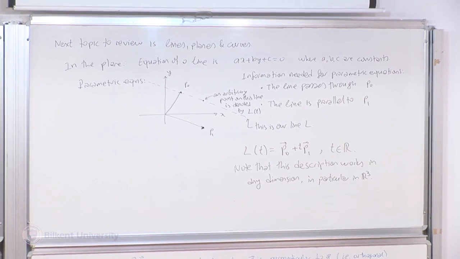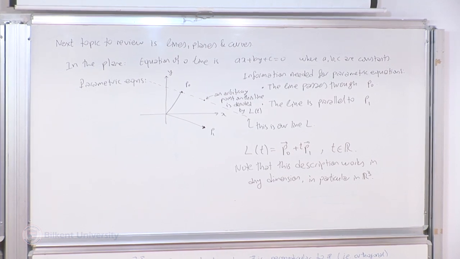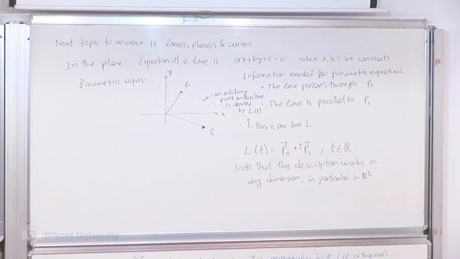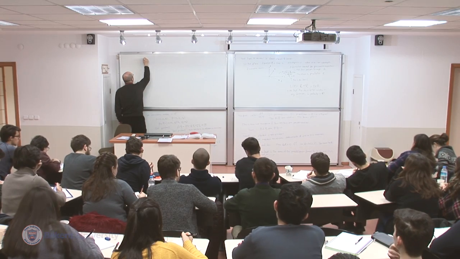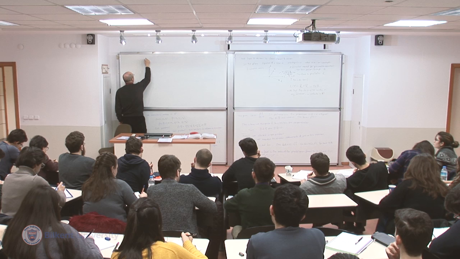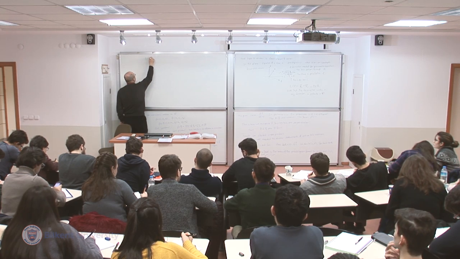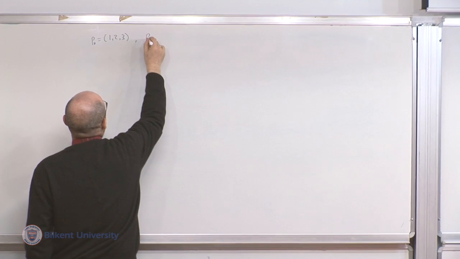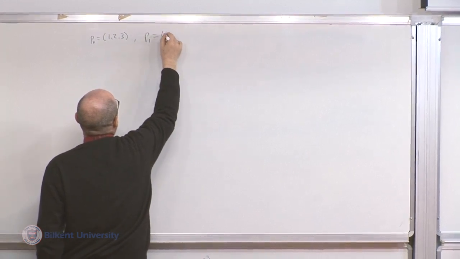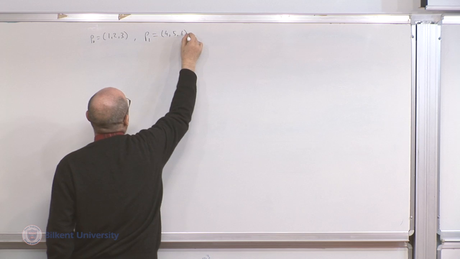So in R3, let me write this equation. Say P0 is equal to, again, let me use my favorite point, (1, 2, 3), and P1 is (4, 5, 6).